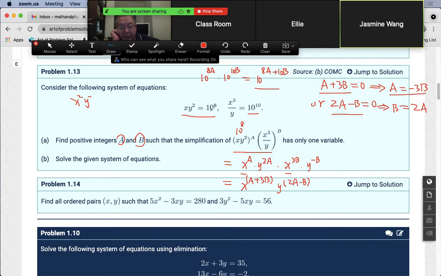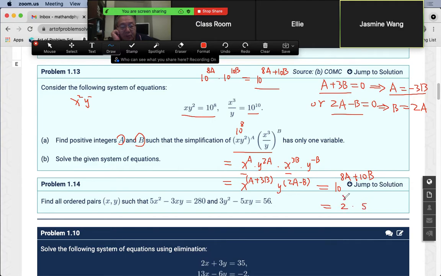So now let's see here. If this one equals 10 power 8 and this one equals 10 power 10, then this actually will equal 10 power 8a plus 10b. Okay, then 10 we can separate into 2 and 5.